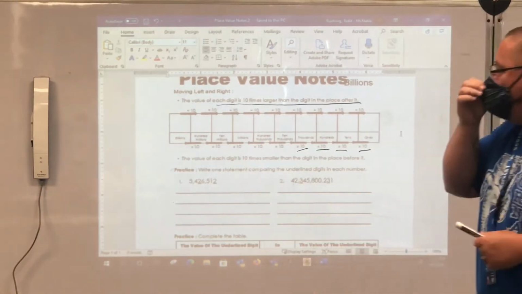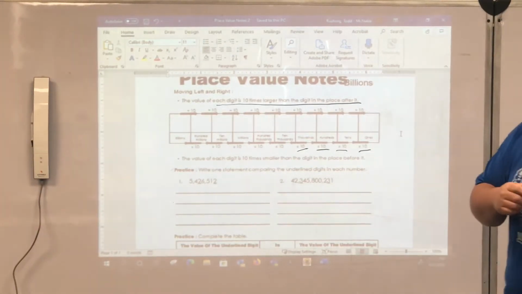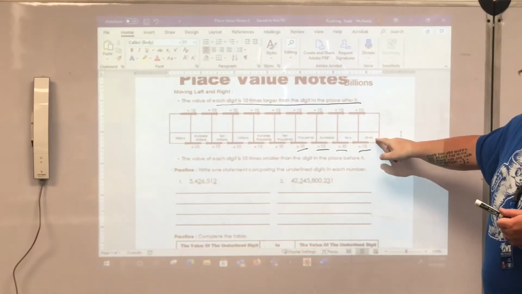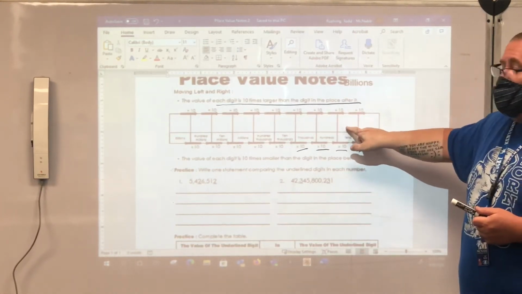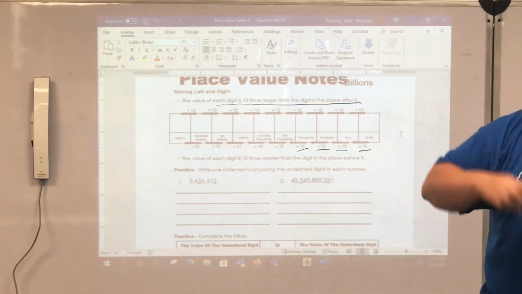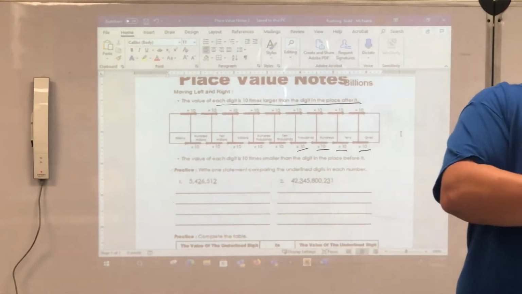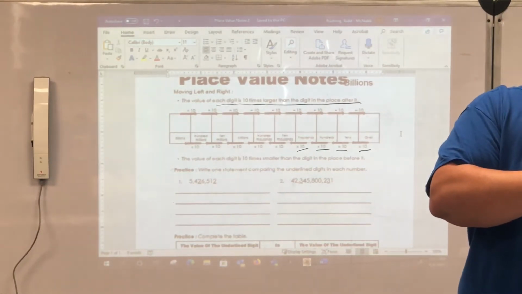So if I have 10 $1 bills, if I have one of those, I have $1 and I have 1/10 of that. Okay? $1 is 10 times smaller than a $10 bill.